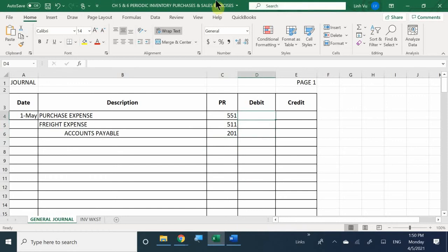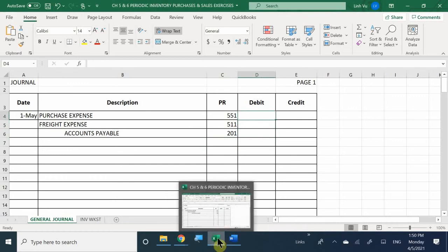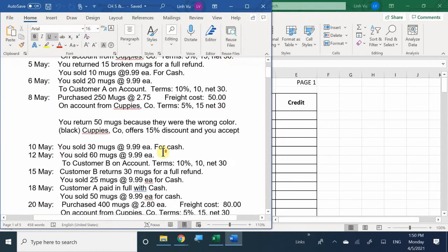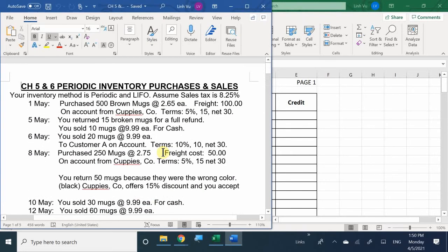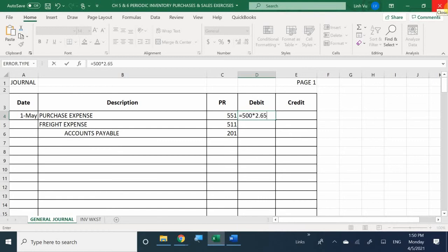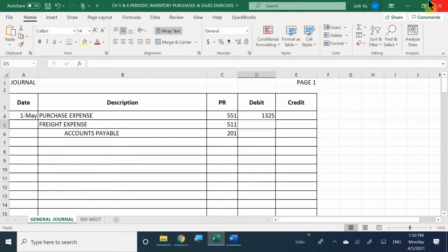Now, how much was my total purchase price here? Okay. If I bought 500 brown mugs at $2.65 each, how much was my total purchase price? Is it total purchase price including freight or just my purchase price? $1,325?